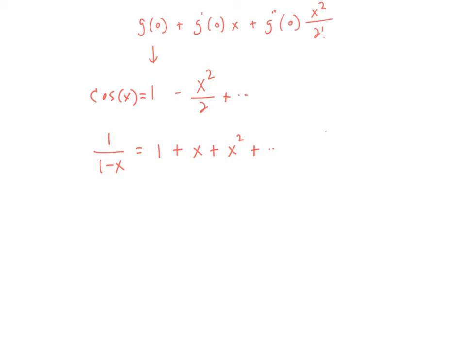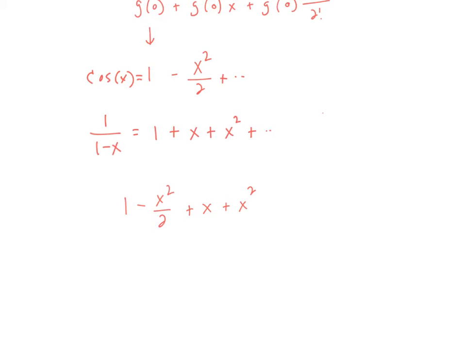So we'll do that now. We'll do these terms times 1, which is 1 minus x squared over 2, plus, and then we don't have to do this times x, so we'll just do 1 times x, and then 1 times x squared.